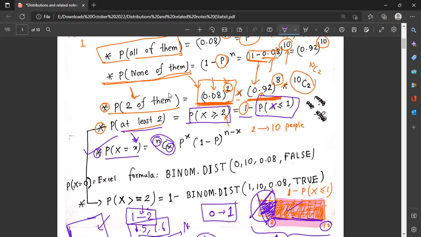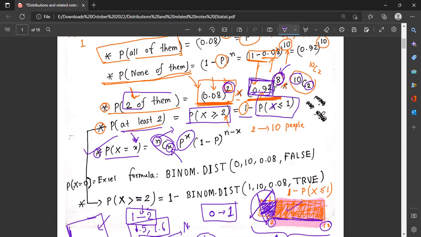So here this is 2 of them, that means 10C2, right? And then p to the power x represents the probability, and then the power n. So here 0.92 is the probability of not being colorblind, to the power of the remaining people. If 2 of them are colorblind, then the remaining 8 are not colorblind.